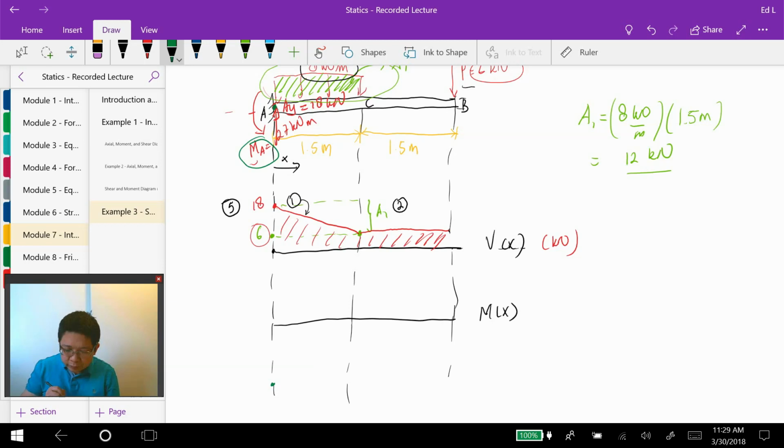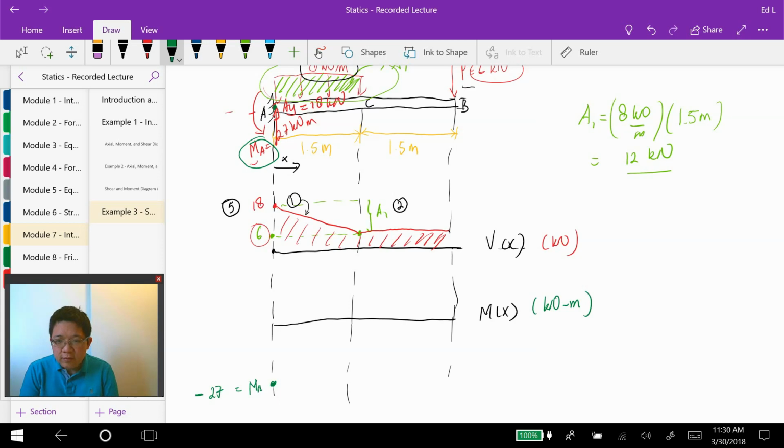So in here MA is equal to 27 kilonewton meter. We start with MA equal to 27 kilonewton meter, and it's negative.